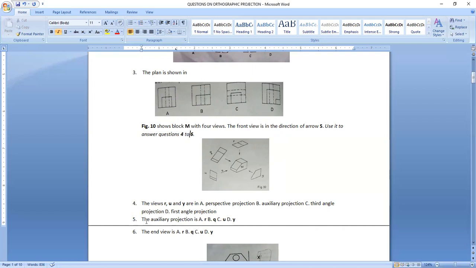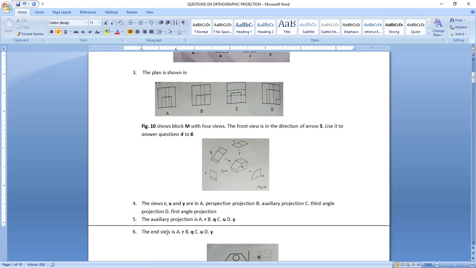And question 5 says that the auxiliary projection is Q. So Q is an auxiliary projection, and the auxiliary view is always inclined at an angle to the principal planes of projection. That is the vertical and horizontal plane of projection. So we have Q to be an auxiliary view.